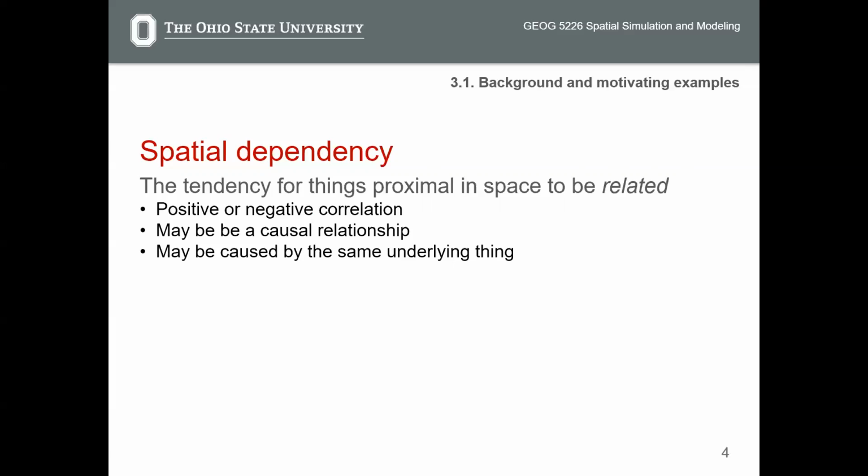There might be a causal relationship, which means something caused something else. But this causality could be there, could be not there. You're not sure, but there must be some kind of correlation. This correlation is statistical, of course, right? And this relationship might be caused by the same underlying thing, okay?